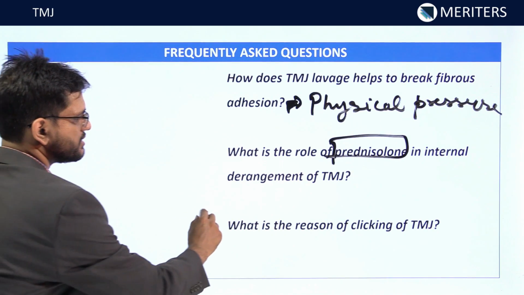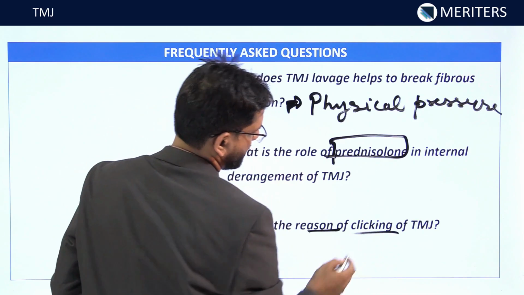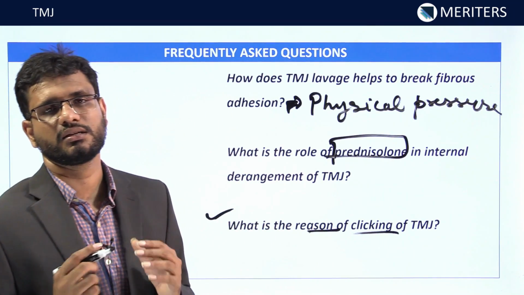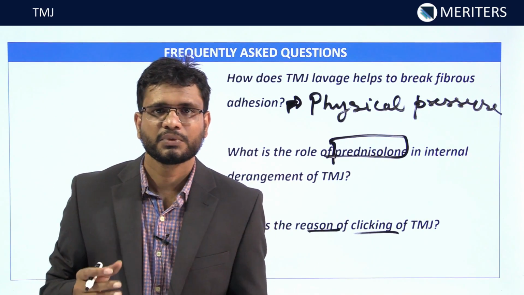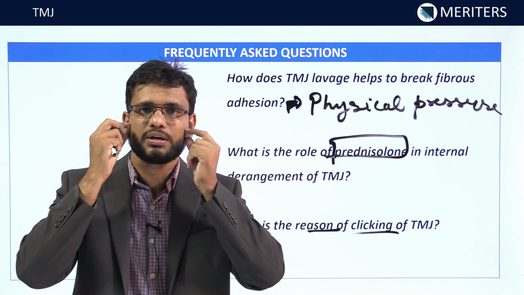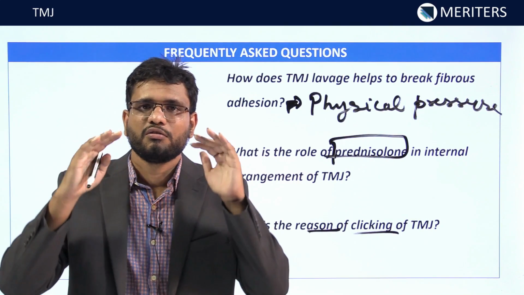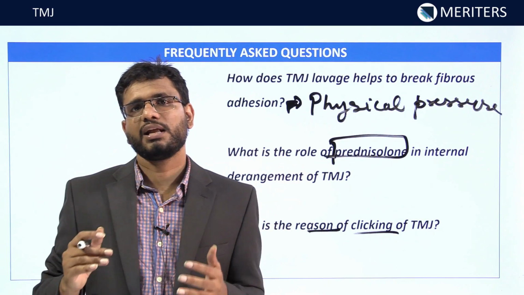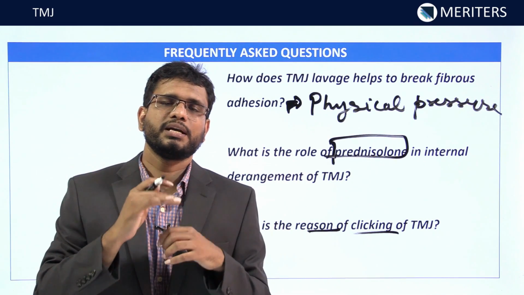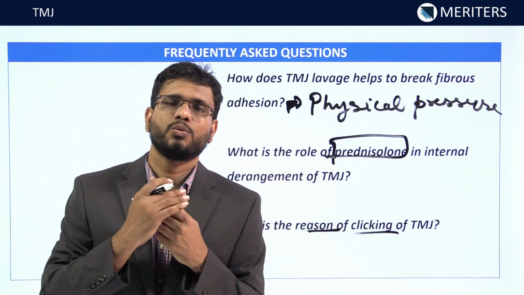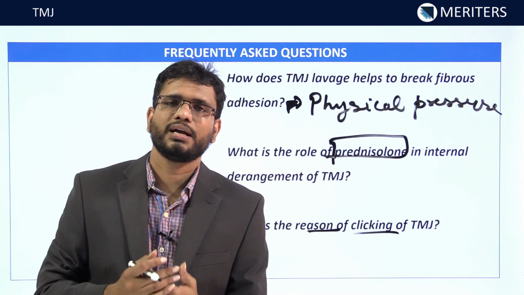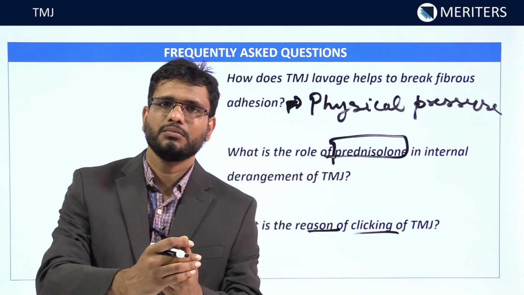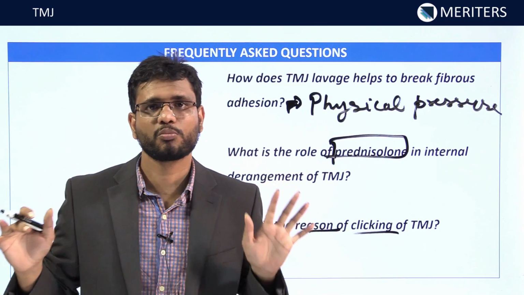Then we have, what is the reason for clicking of the TMJ? So we have already said that generally when we open the mouth, your condyle will be translating to the front side, or towards the forward direction, right? So what will happen? Your disc, the middle portion of the meniscus, will be in constant touch with the condyle, and it will move with the condyle constantly, and there won't be any rub in normal condition.